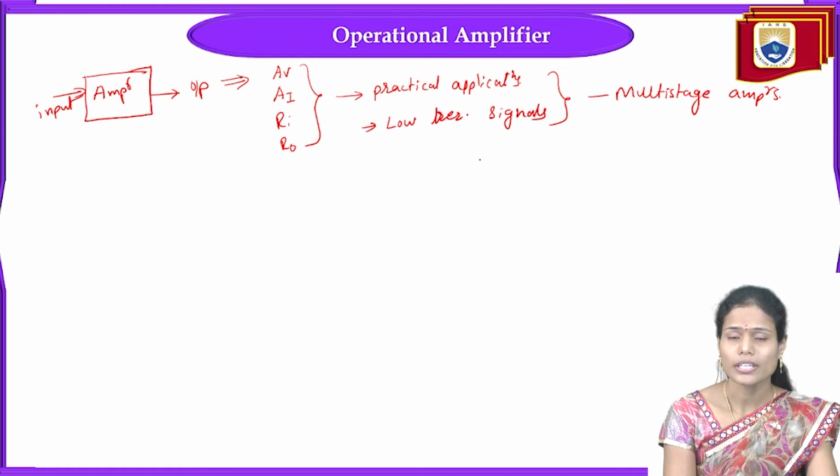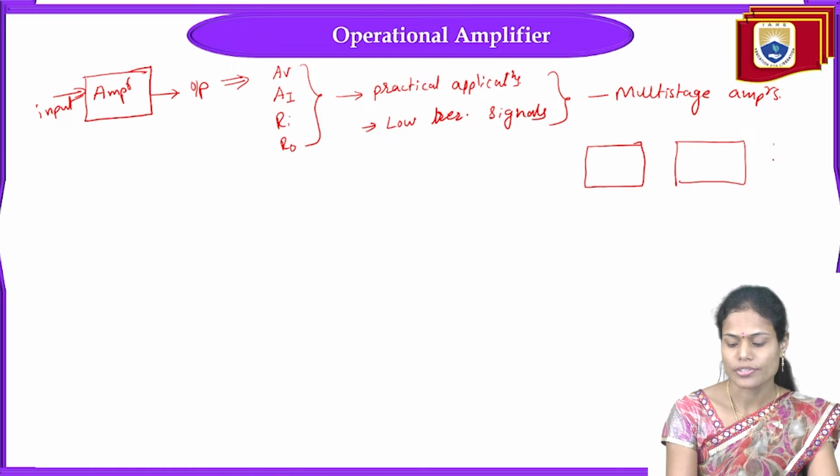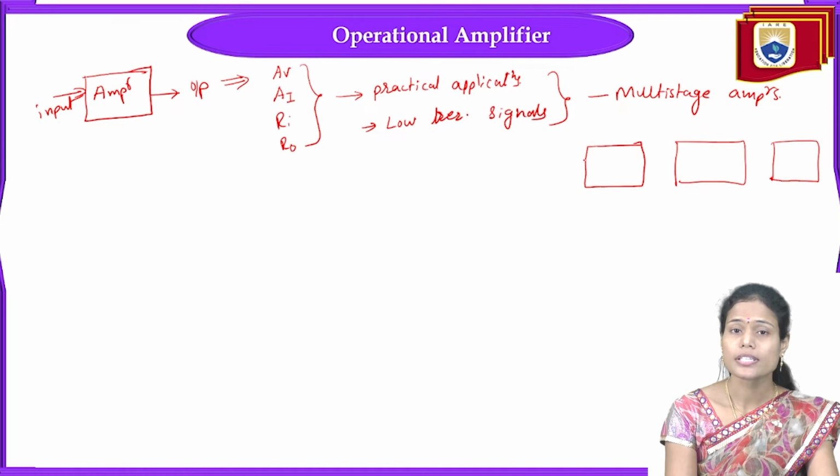We can take any configuration and any BJT or FET related amplifiers to make the multi-stage amplifier. To make this multi-stage amplifier, we have to cascade two or more stages of the single stage amplifier.